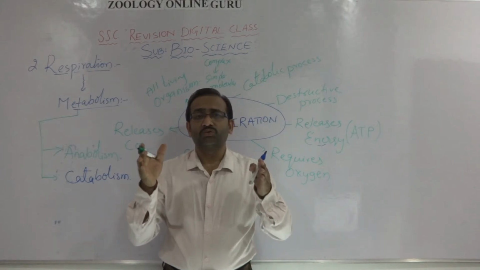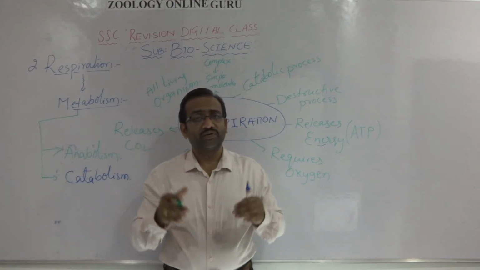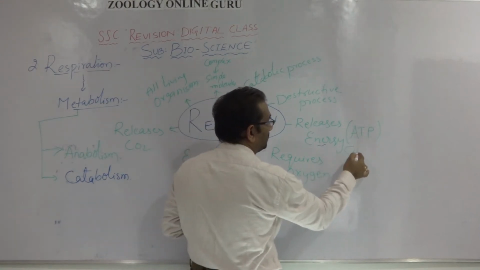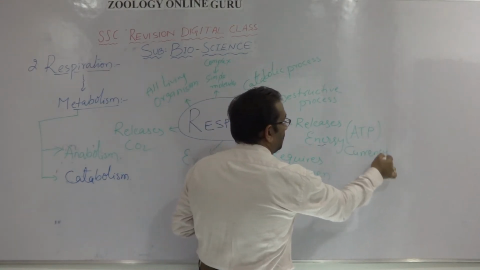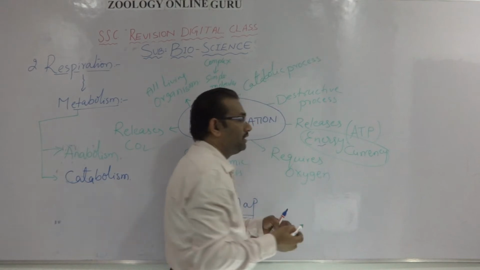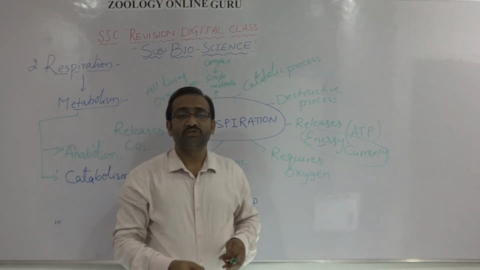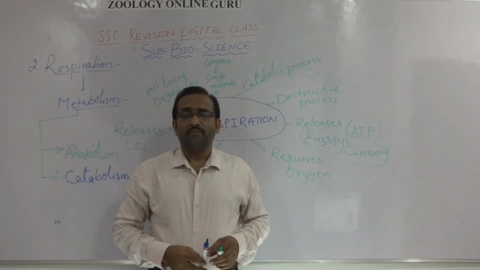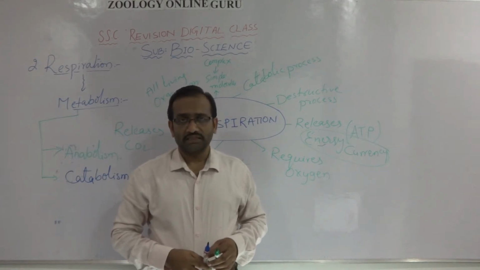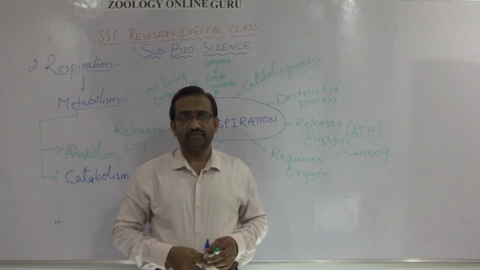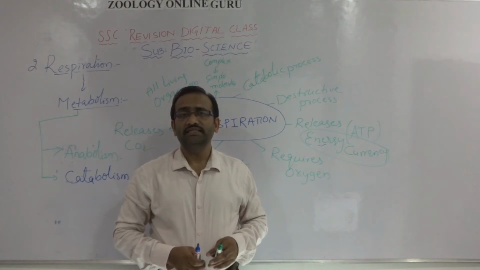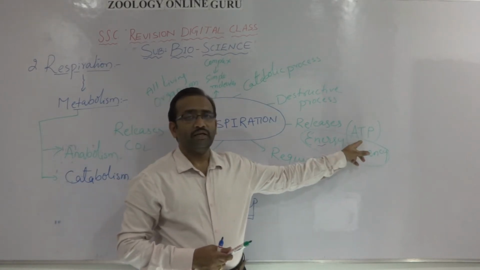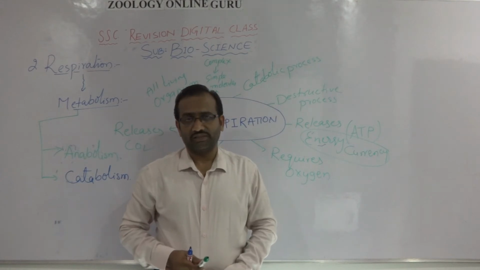This is the sole source of energy. That's why ATP is called the energy currency. This is also an important bit for half mark in objective type questions. They ask, ATP is the energy currency in our body, adenosine triphosphate.